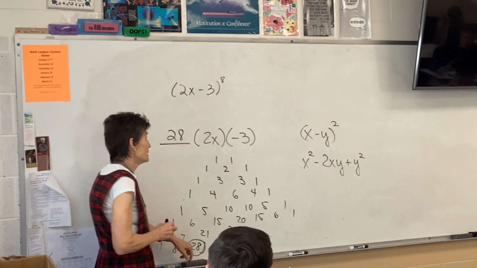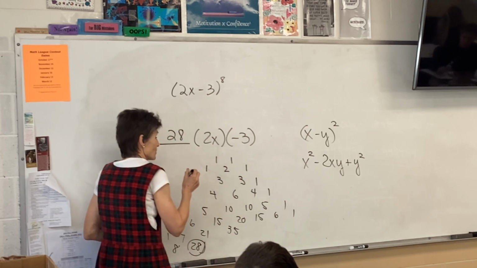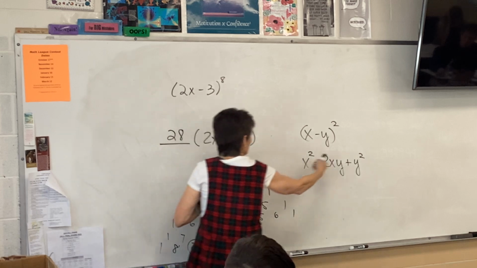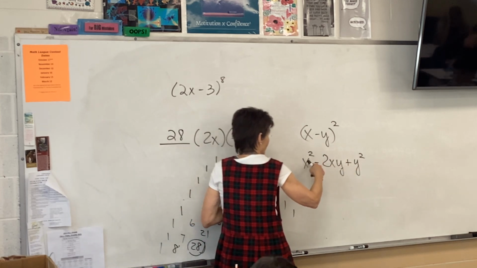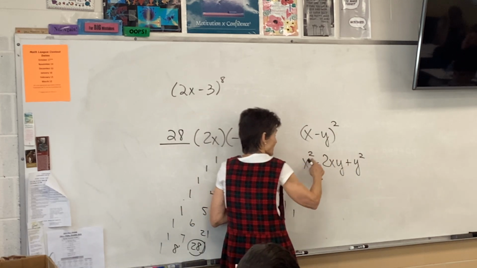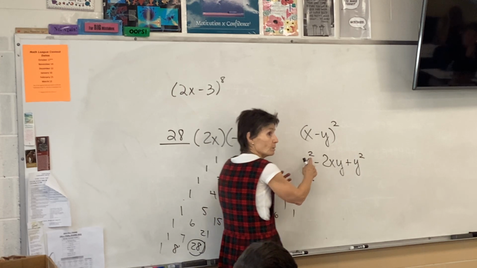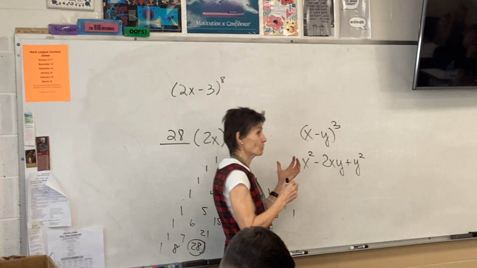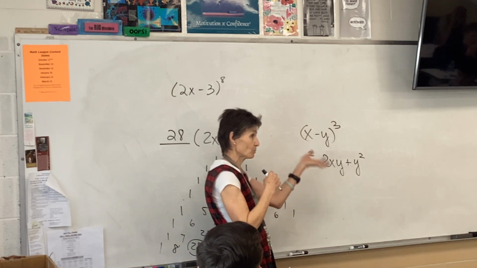Okay? Now, I need to figure out what my powers are. So think about when you FOIL something together, like even look at this little one. The first term has an exponent of 2. So if it were to the 3rd power, the first term would have an exponent of 3.